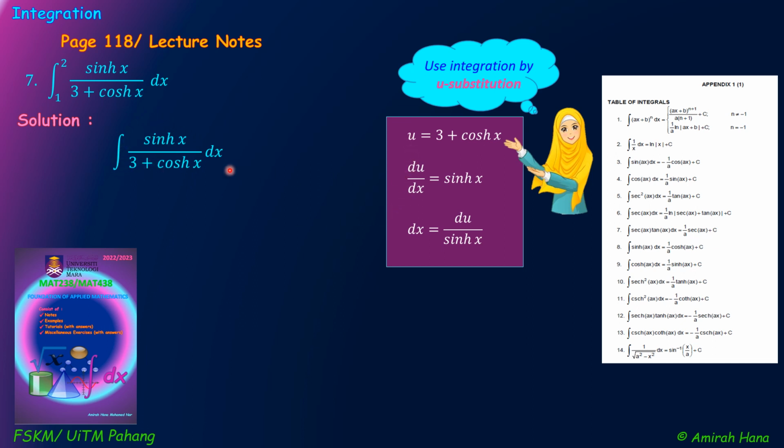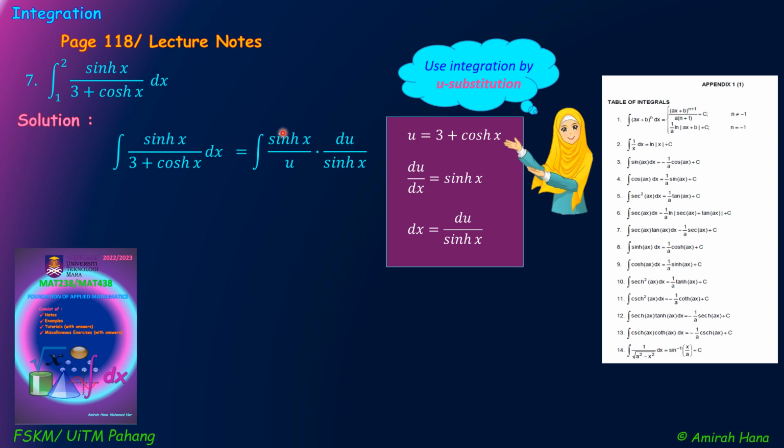So from here, the denominator equals u, since our u equals 3 plus cos x. In the numerator, we still have sinh x, and then times dx. We write dx equals du over sinh x.